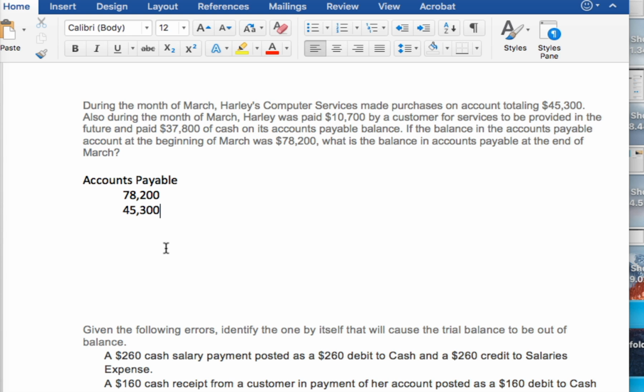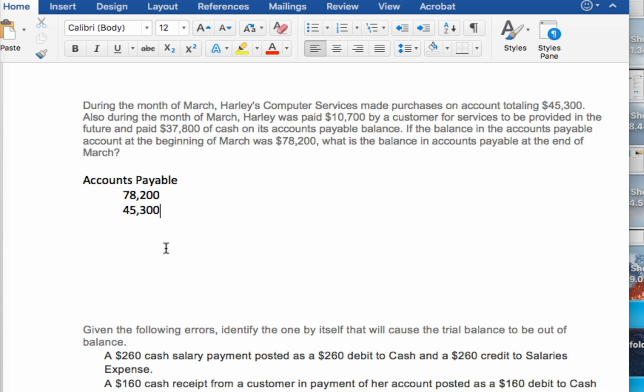The deal is they give us money, we give them either services or goods, right? So when that happens, we would record a liability, but it would be an unearned revenue liability. So that $10,700 is irrelevant to accounts payable, which is what this question asks. Doesn't mean we wouldn't do a journal entry and keep track of it, just not in the accounts payable account.